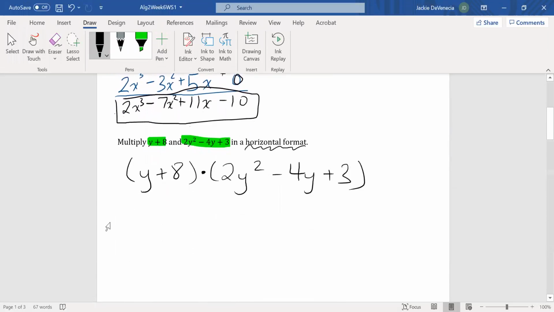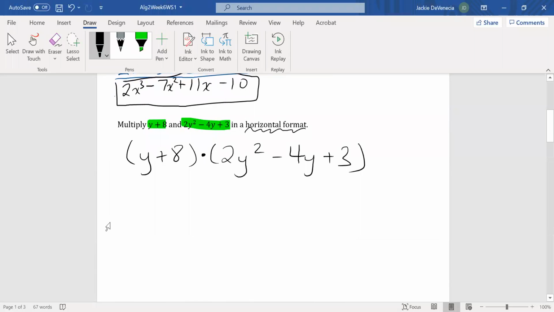So over here, let's look at a different problem. This time we're multiplying horizontally. Now the idea here is that all the terms of these polynomials have to be multiplied to each other, okay? So the way we're going to approach this problem is that we're going to be doing distributive property. So this y needs to be multiplied to all the terms.